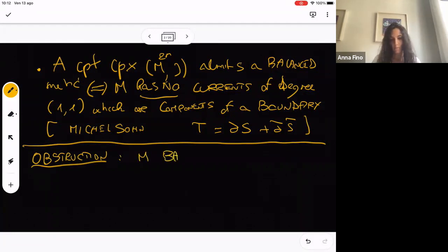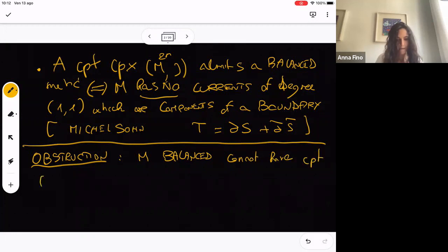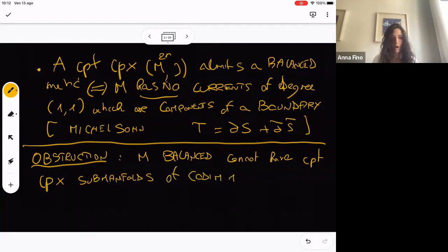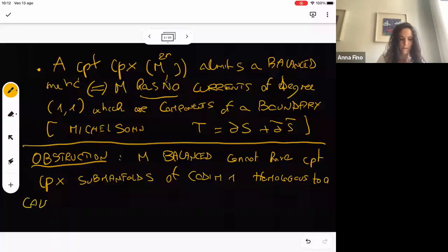If you have a compact balanced manifold, it cannot have compact complex submanifolds of codimension 1 which are homologous to 0. This obstruction applies, for instance, to the Calabi-Eckmann manifolds.